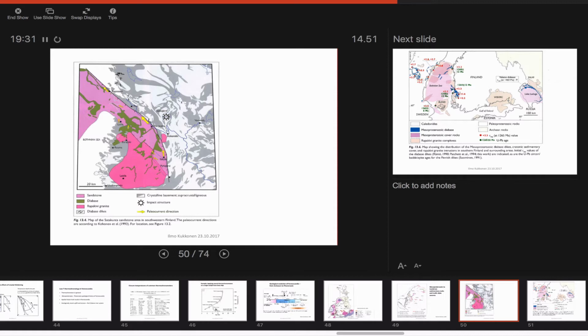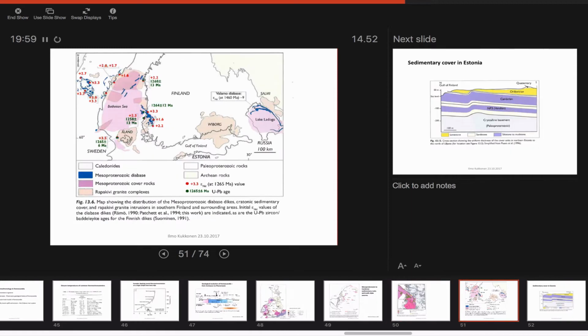So we have had these extensional events, which resulted in deposition of sandy sediments, deposited from the continent all the way here. So this extensional basin of the Bothnian Bay and the sea must have been there already in the Precambrian in some form, because a lot of its bottom is covered with Precambrian sandstones.